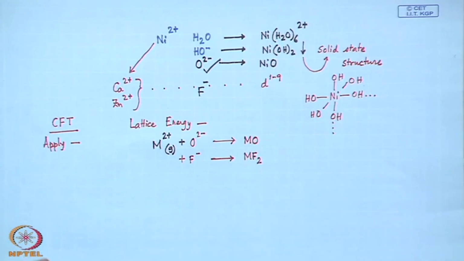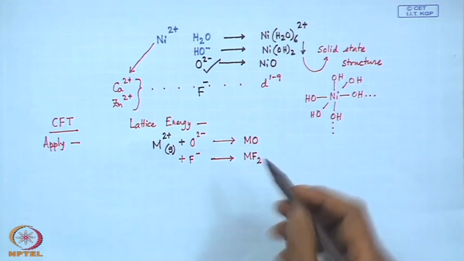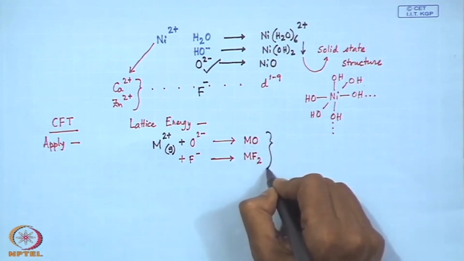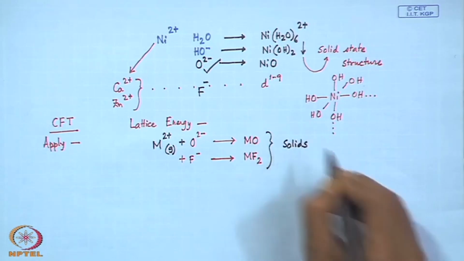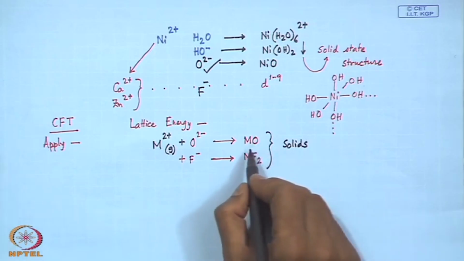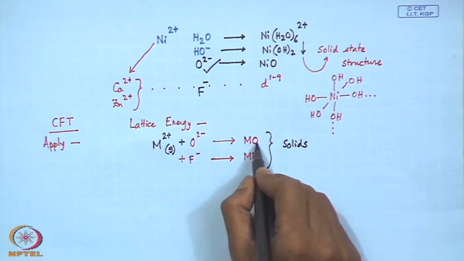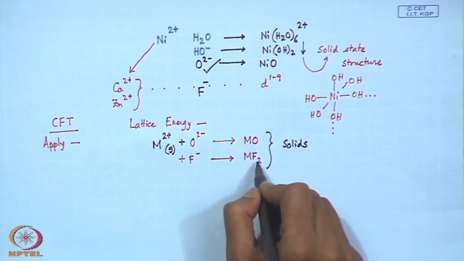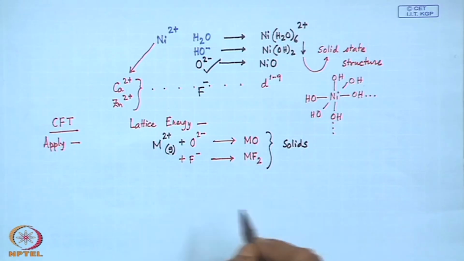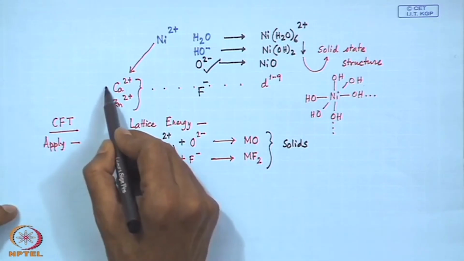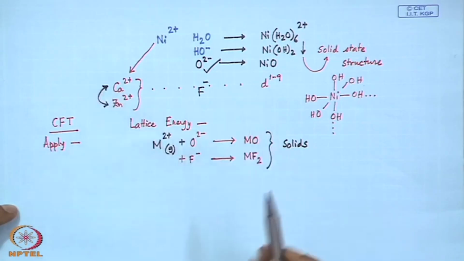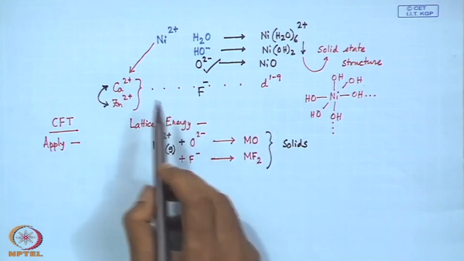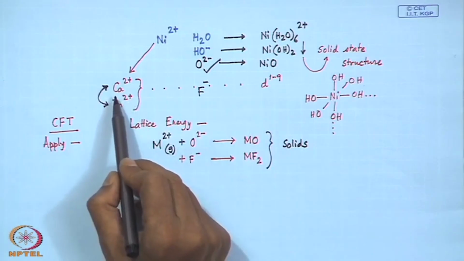So, they have certain specific solid state structures also. So, the molecular solids are formed where the interaction between this metal center and oxygen or the metal center and fluorine can vary if we vary this entire series from say calcium to zinc. The whole thing is dependent on the presence of the d electron in these metal ions.